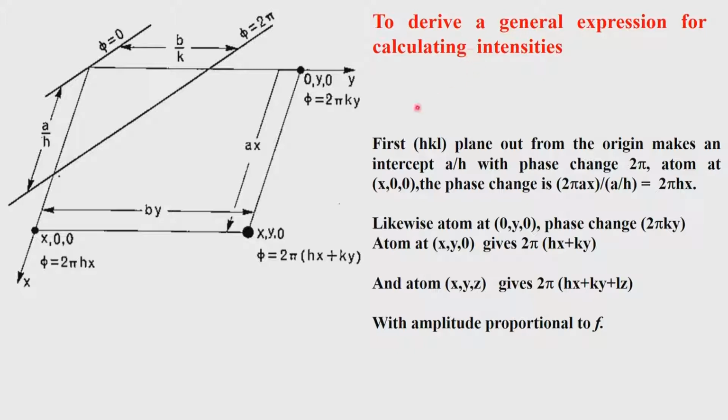So, this is a very important calculation, which will generalize how we approach the various issues of how to calculate the intensity. What we will do is first derive the general expression and then use it for finding the intensity contribution to various planes from the presence of hundreds of atoms or thousands of atoms or whatever it is.